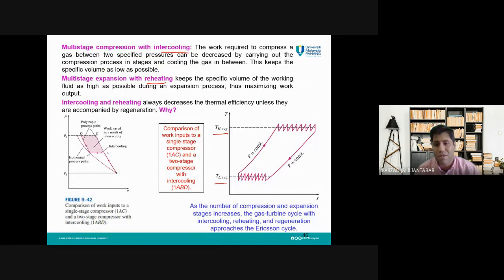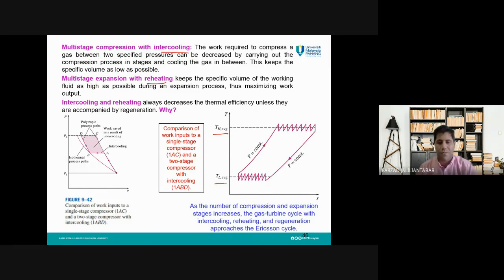Then this process is constant pressure. And the heat addition and heat rejection processes also will be closer to a constant temperature process, or isothermal process, and it is closer to the Carnot cycle.